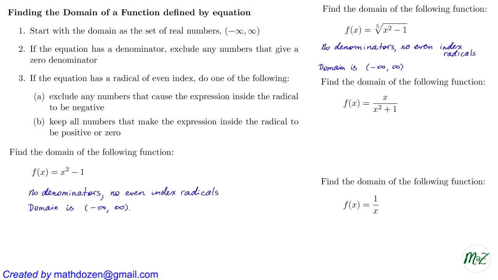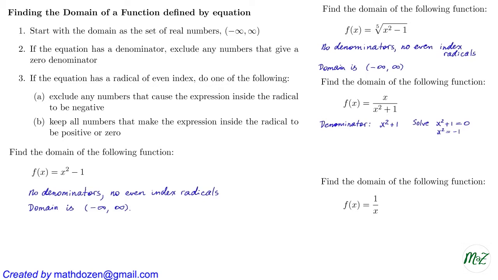Moving on to the third function, f of x being equal to x over x squared plus 1. There is x squared plus 1 in the denominator. To find if we need to exclude any x values from the domain, we solve x squared plus 1 equals 0, the denominator being equal to 0.